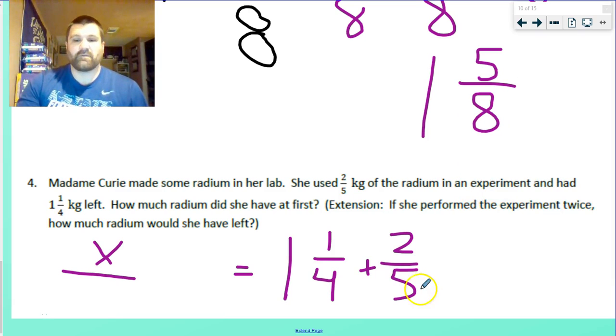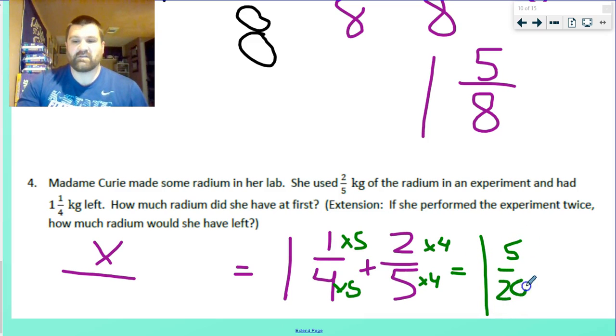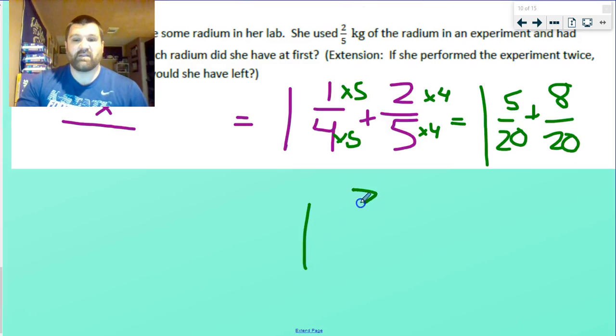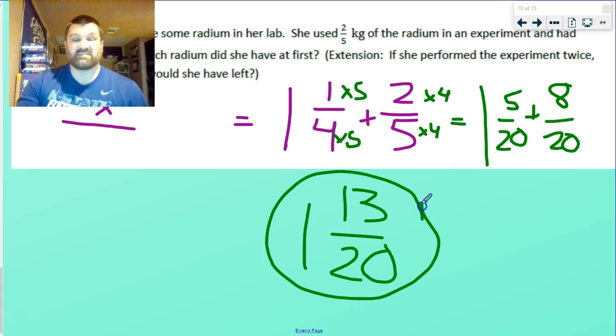Well, it's 5 times 4, and 5 times 4 on top, and you end up with 1 5/20 add 8/20. Which ends up being 1 13/20. I would totally drink it.